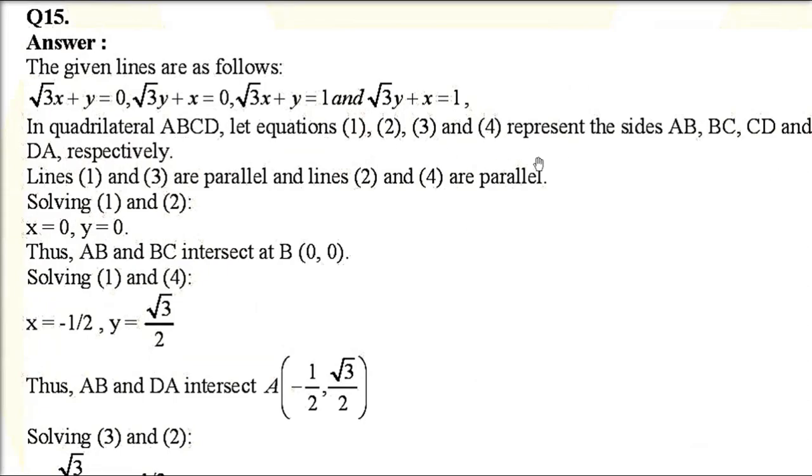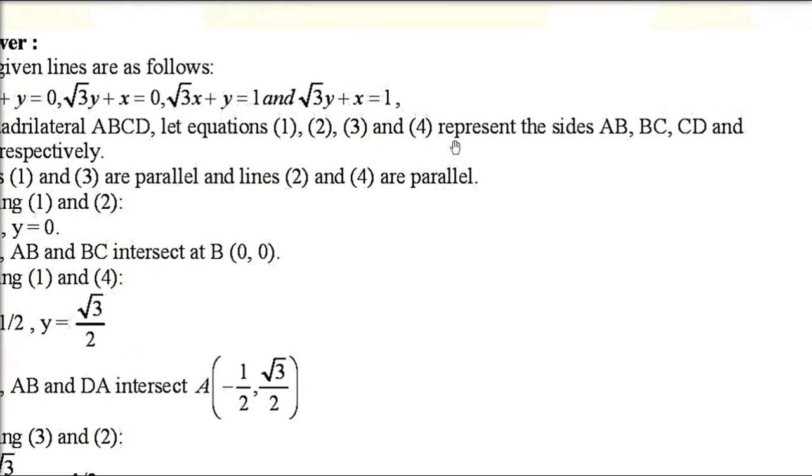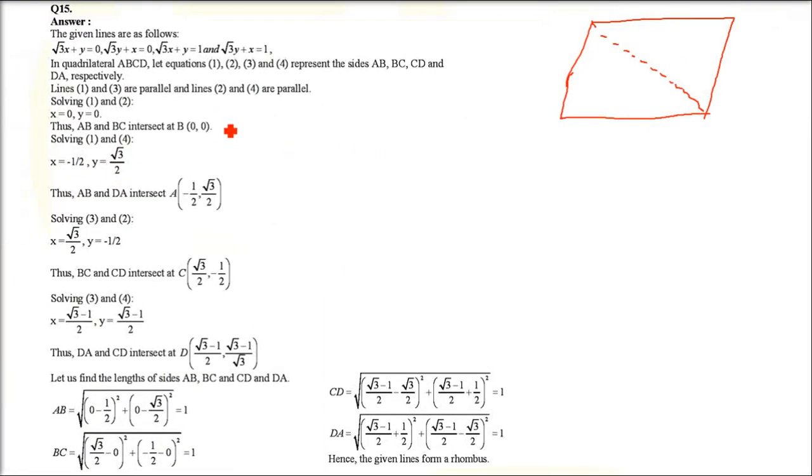Now these form a quadrilateral. These four lines have some commonality. Let me write the lines first: root 3x plus y equals 0, root 3y plus x equals 0, root 3x plus y equals 1 and root 3y plus x equals 1.